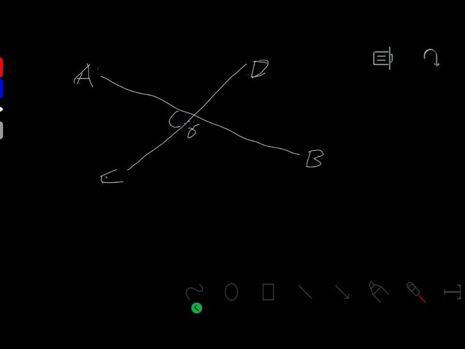So whatever angle you have here will be equal to what you will have here. So let's put it down first. AOC is equal to BOD. In the same vein, AOD is equal to BOC. So whatever angle you have here will be equal to what you would also have on this side.